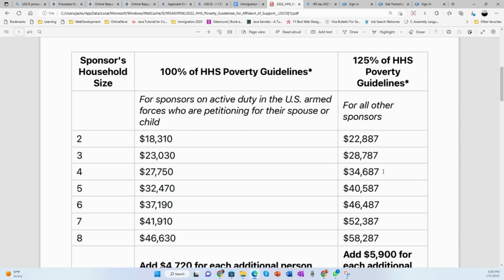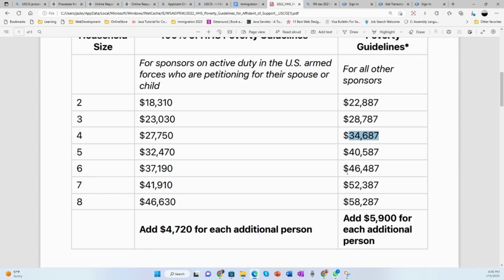So you're going to need more. For a family of four, you and your wife, or whoever's working, have to make $34,000 for the year in order to bring someone.